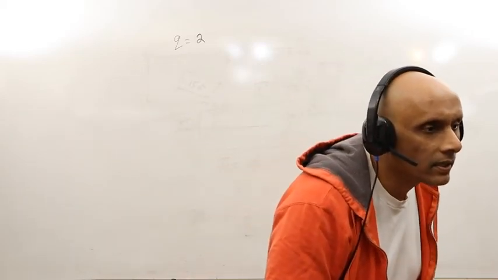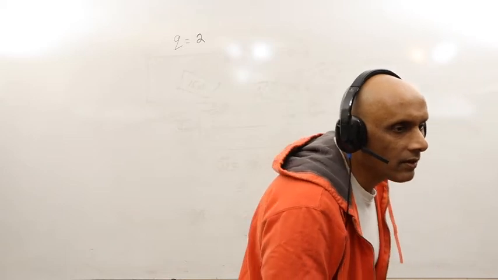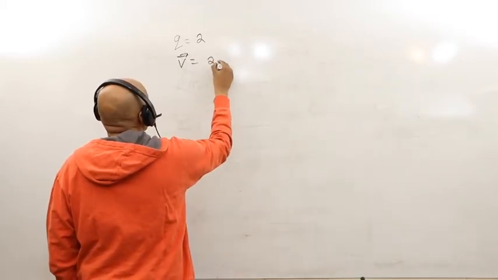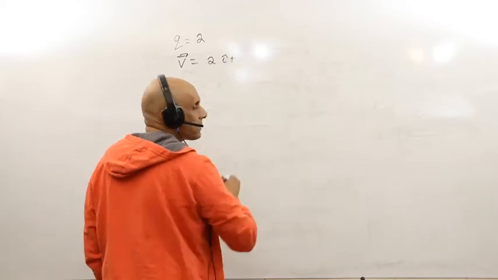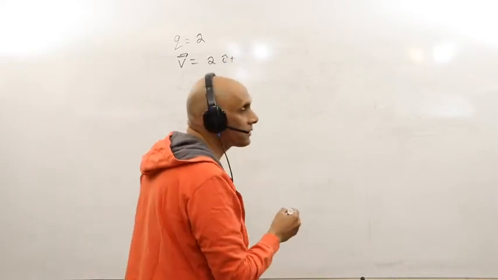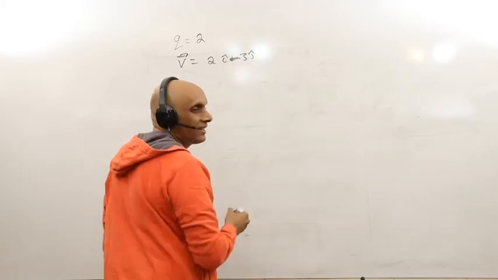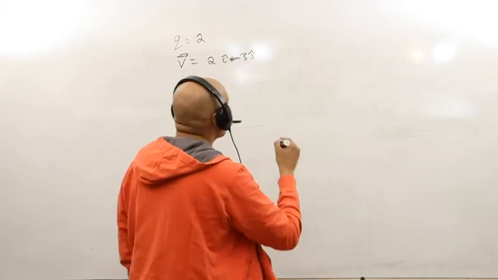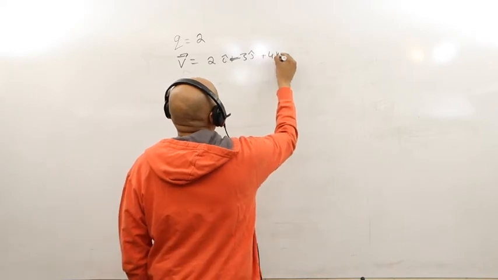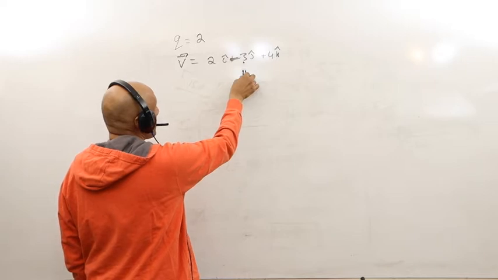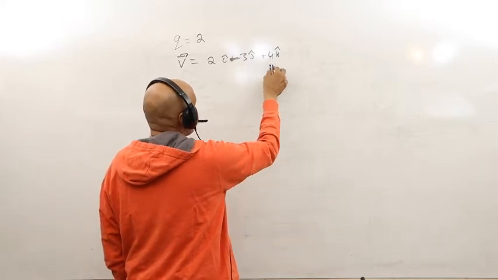And it's traveling with a velocity of 2i minus 3j, sorry, minus 3j and plus 4k. So remember, it's 2 meters per second in the i direction, negative 3 meters per second in the j direction, 4 meters per second in the k direction.